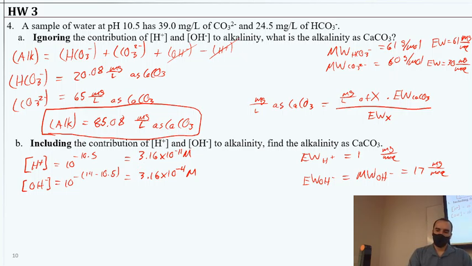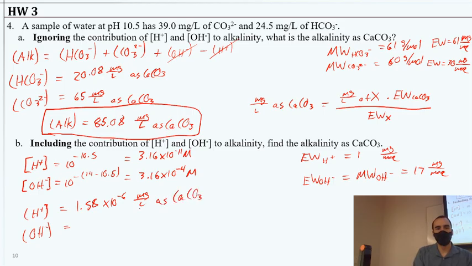These will correspond to, if we convert them, I don't have it written here in front of me, but if we end up converting them to, excuse me, as CaCO3, then we get values of 1.58 times 10 to the minus 6 milligrams per liter as CaCO3 for H plus.